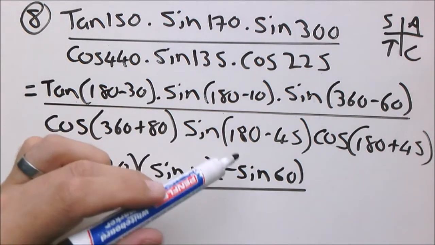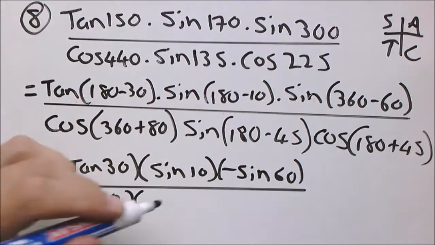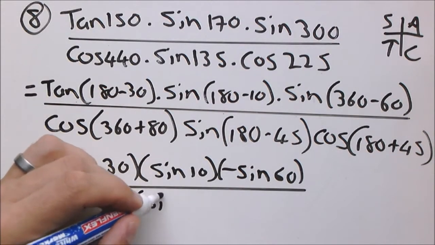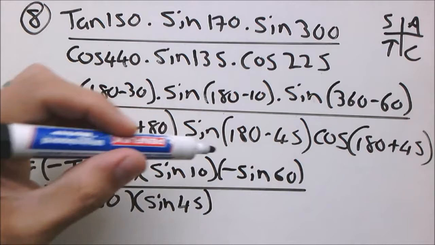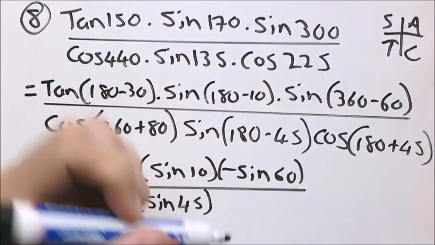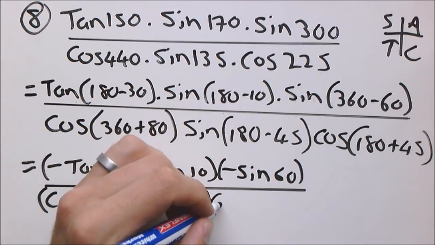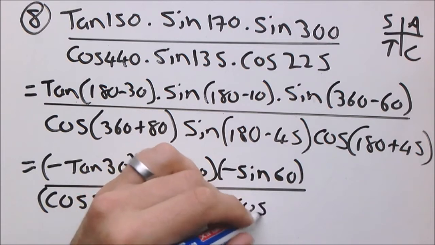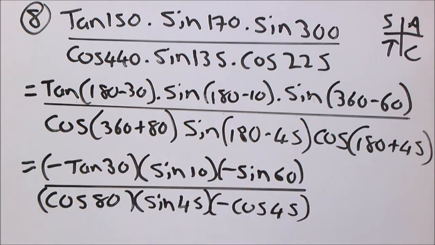Sine 180 minus is positive, so this is just sine 45, and cos 180 plus is negative, so it is minus cos 45.